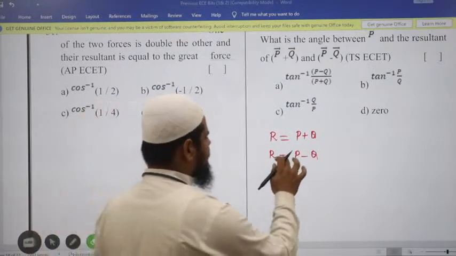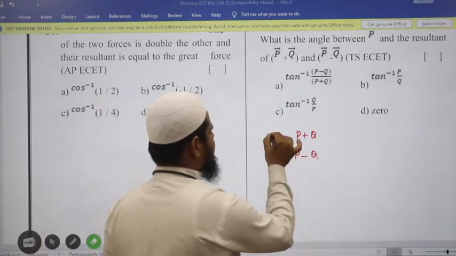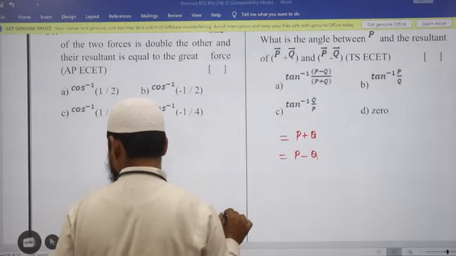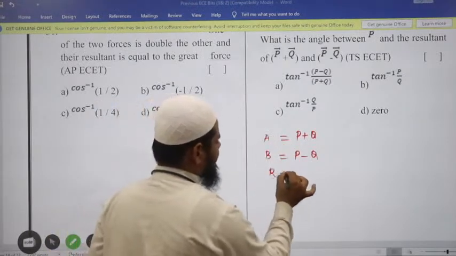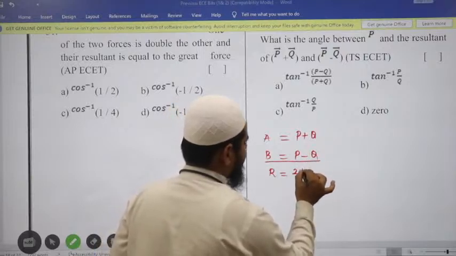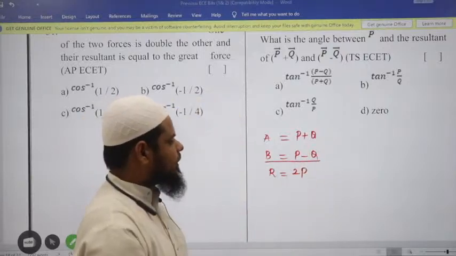Consider this one as A and this as B. Then the resultant R is equal to 2P.